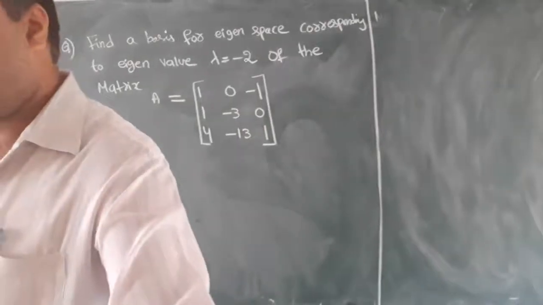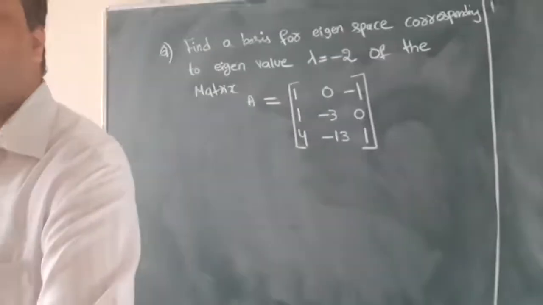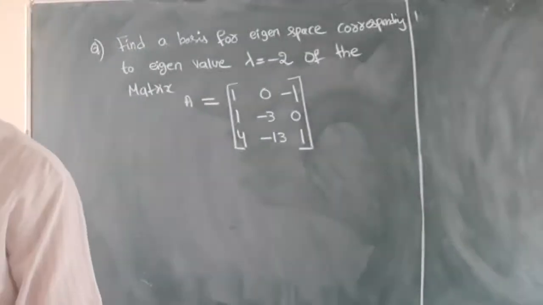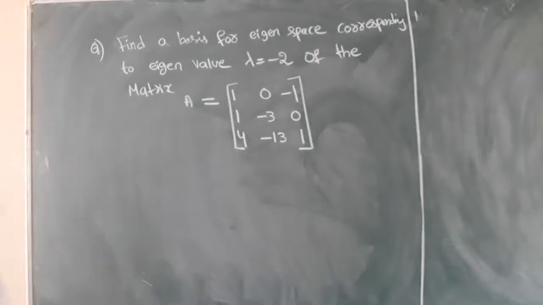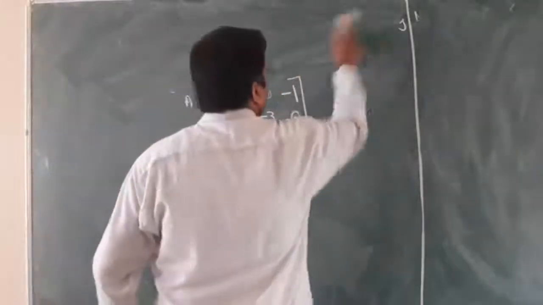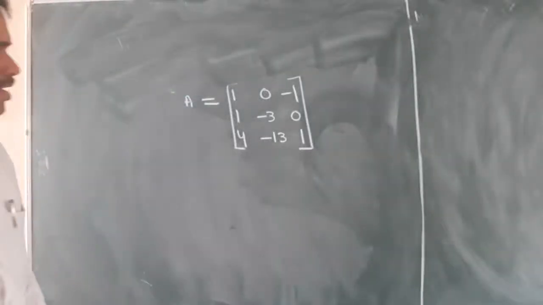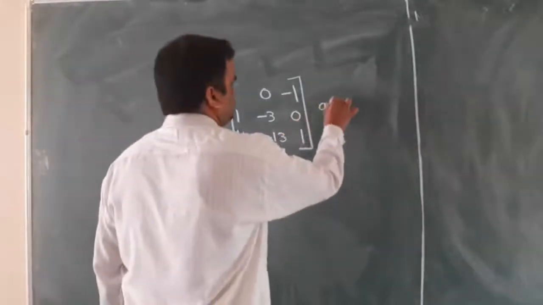Given A equal to, come, write the matrix. Given A equal to, and lambda equal to how much?